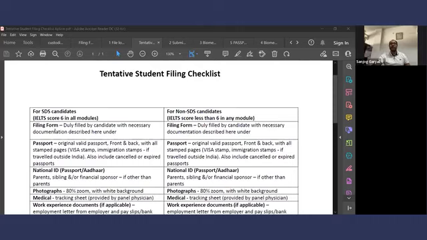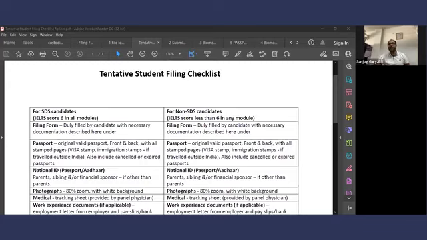Considering whether the candidate is under the SDS category or non-SDS category, they should also make them aware of all the documents they should be arranging at that moment, because arranging documents is the major part, and that's the point at which the candidate takes a lot of time. So that by the time the candidate reaches the filing stage, they are all aware of what they have to provide to their agent, so that the process is seamless and efficient.